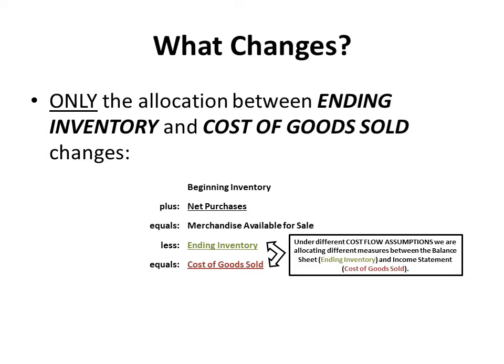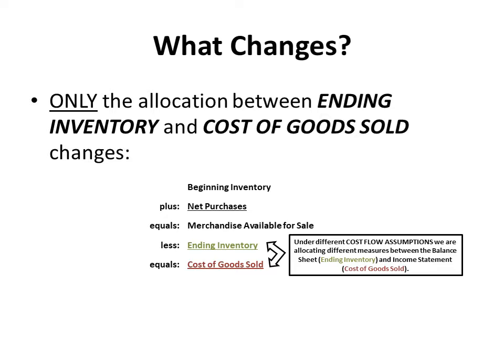That's a cost flow assumption. Under LIFO, last in, first out, I'm going to assume that the most recent purchases are the first items sold. That's a cost flow assumption. Under the weighted average method, I'm going to be computing the average cost per unit at each reference point of sale, the time when I make a sale.